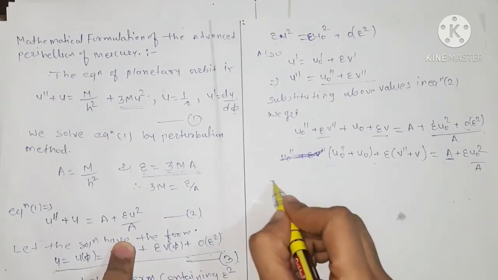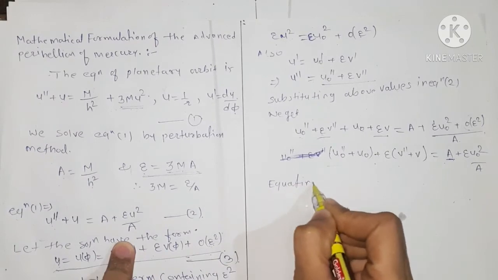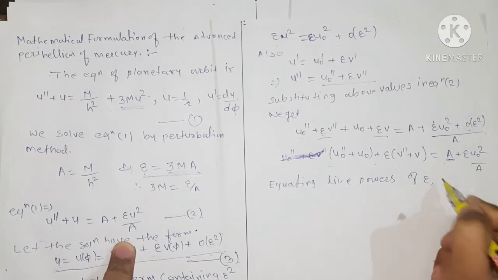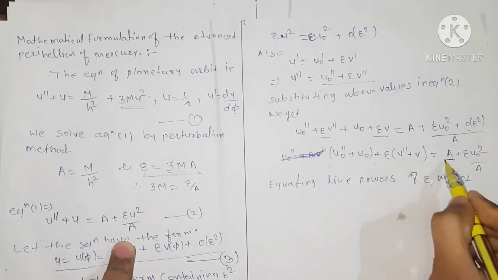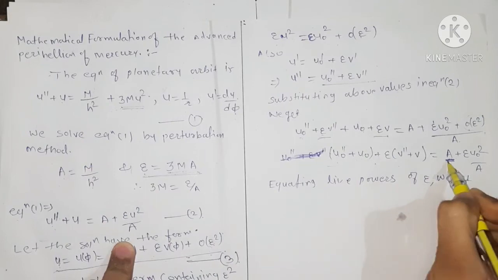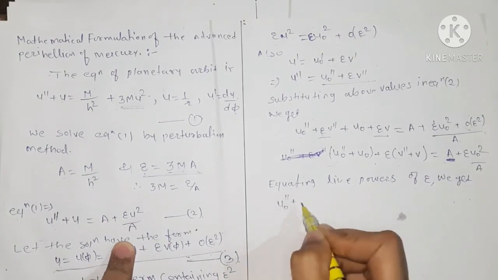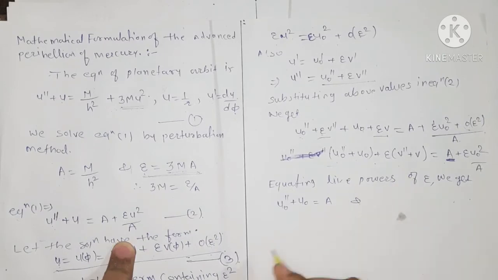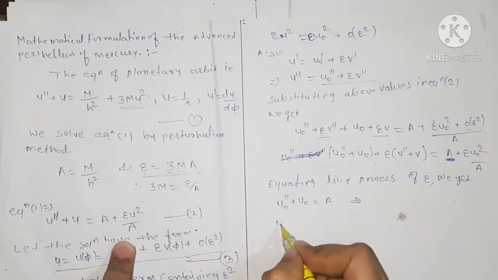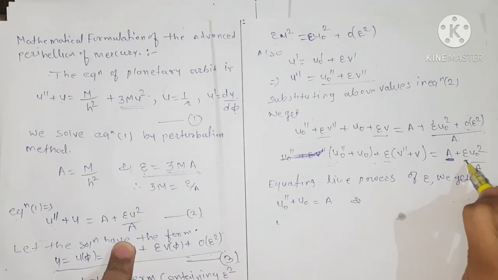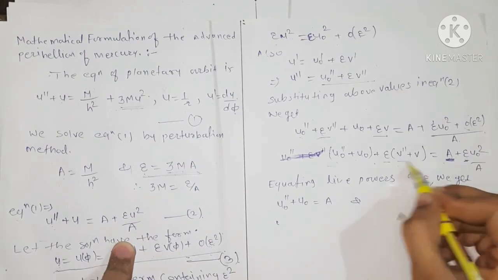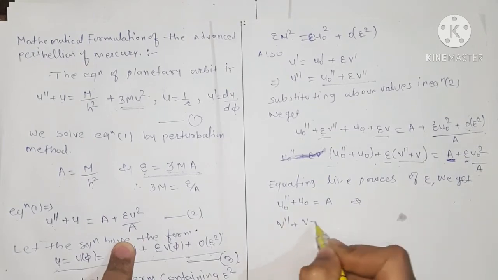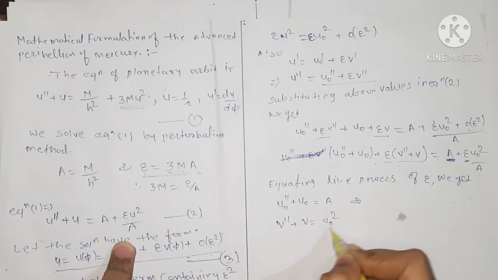Equating like powers of epsilon we get u0 double dash plus u0 equals capital A, and this is the epsilon term. Okay, so v double dash plus v equals u0 square upon A.